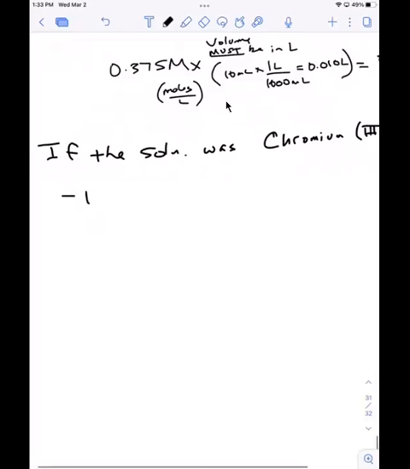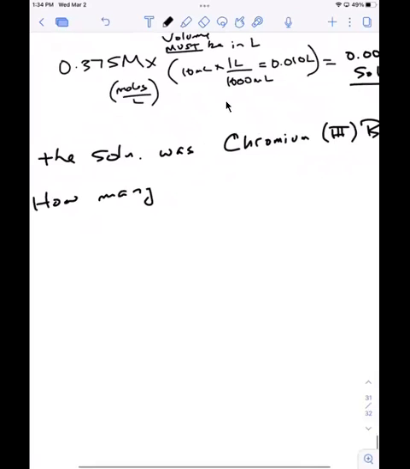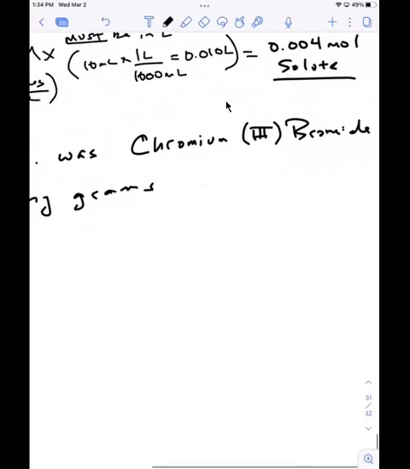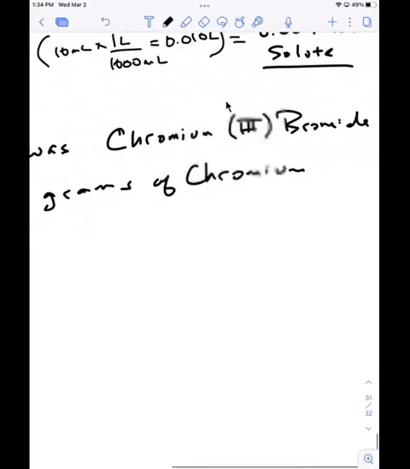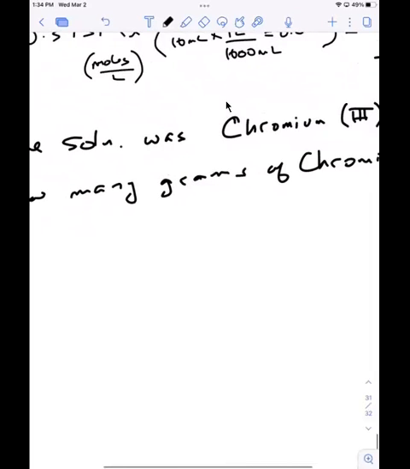Let's ask this question. This is a legit question: how many grams of chromium-3 bromide were used to make the solution? I said chloride, but I meant bromide.